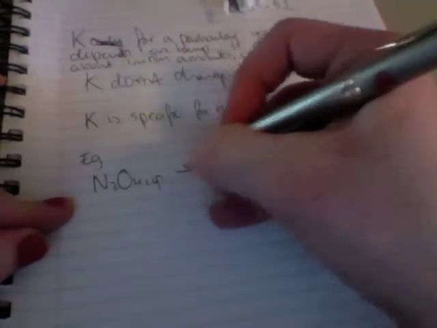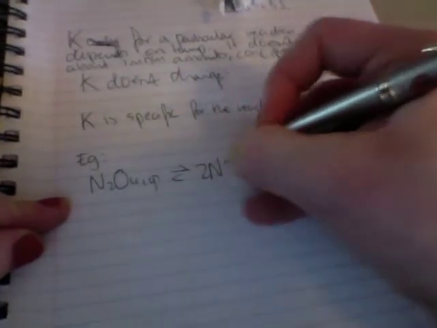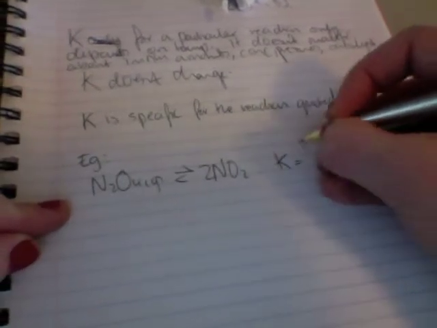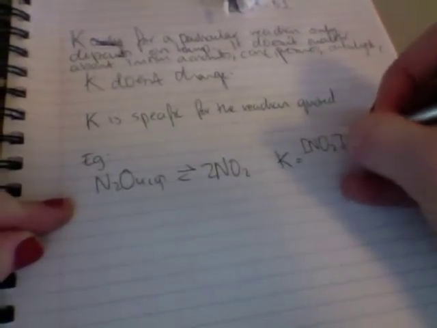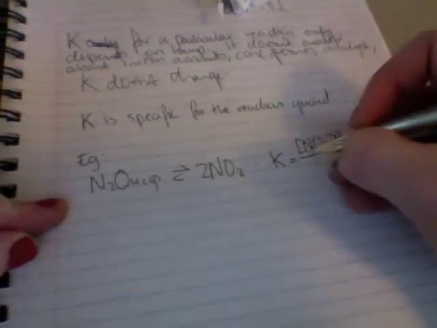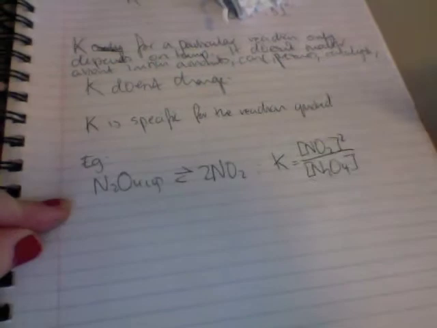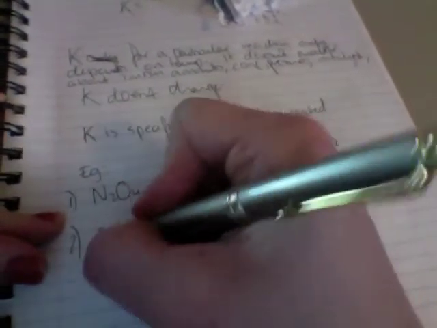We can have this being converted into this. For this reaction, K equals NO2 to the power of 2 divided by N2O4 to the power of 1. Write that in. Just the sum of mass. So that's example 1.